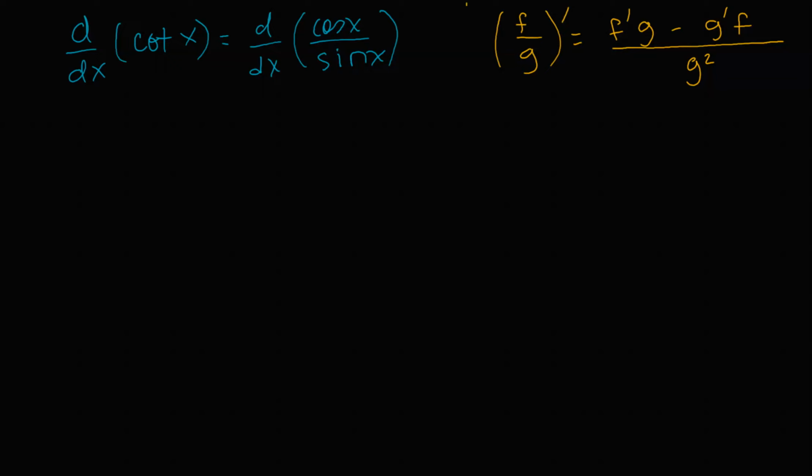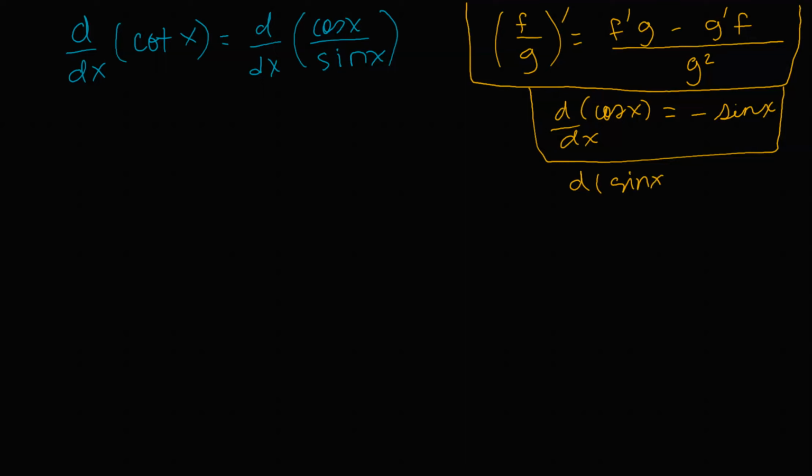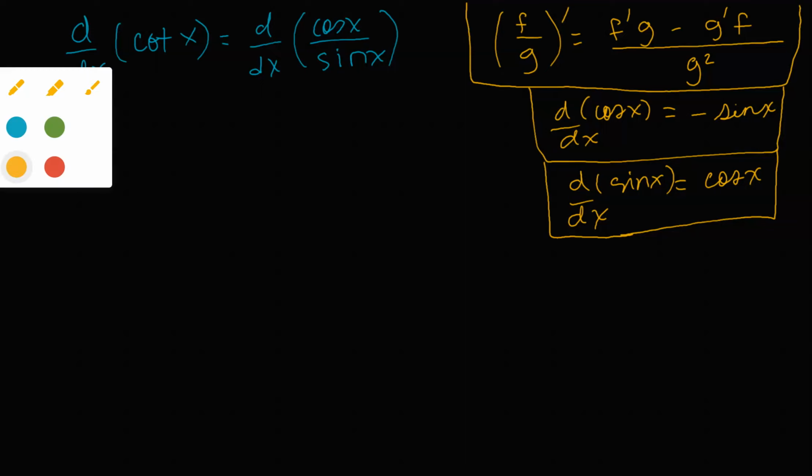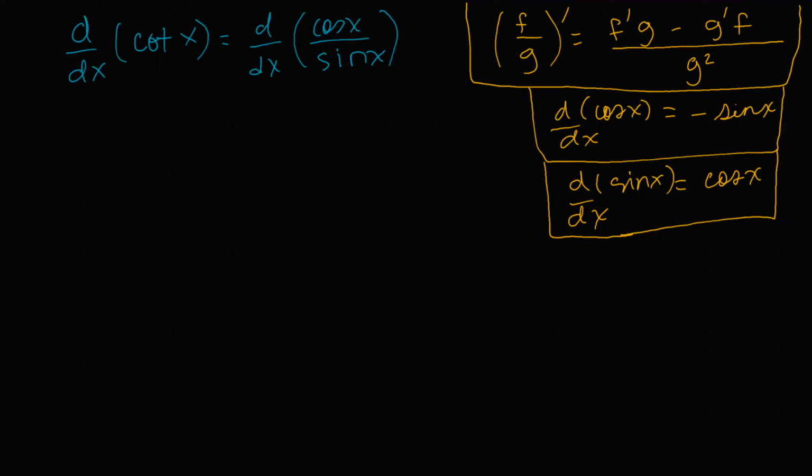But let's remind ourselves, the derivative of cosine of x is negative sine x. And the derivative of sine x is cosine of x. Okay, so that is the information that we know. So in order to find the derivative of cotangent x, we are going to apply the quotient rule.